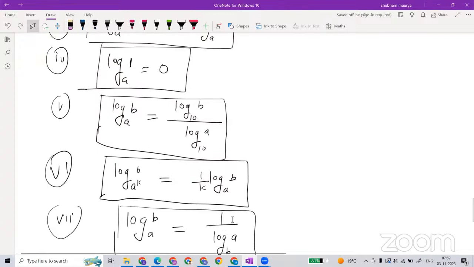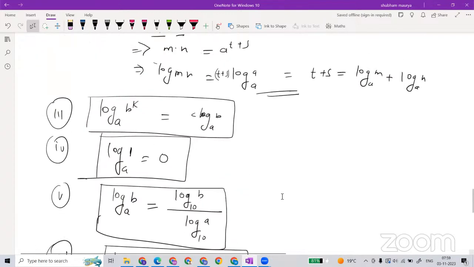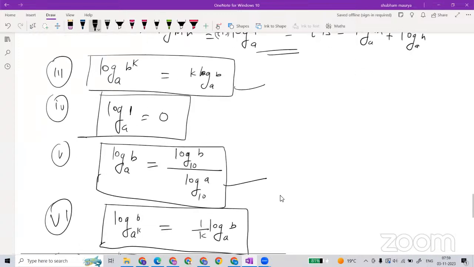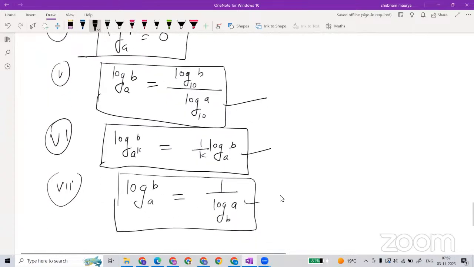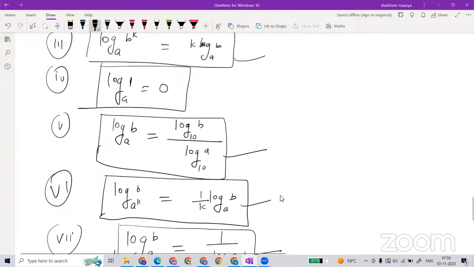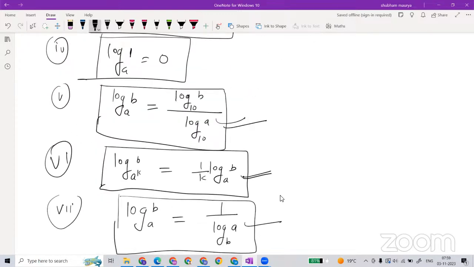Even if you see many problems, this property will be used here in a very comprehensive manner. Very important. Sometimes the base is not the same. Many problems have bases that are not the same. So either you can change the whole problem to the same base by dividing like this, or sometimes it is written as a power and you are unable to guess that. So try to minimize that.